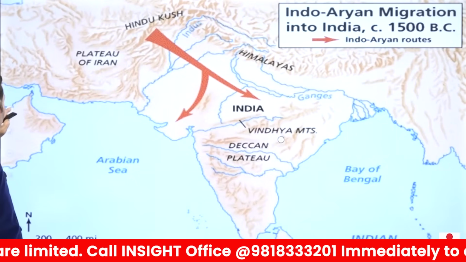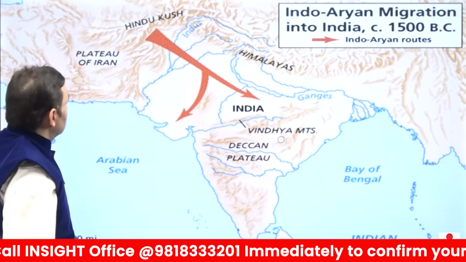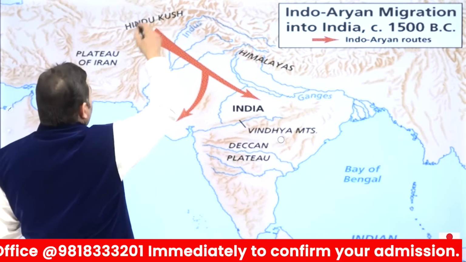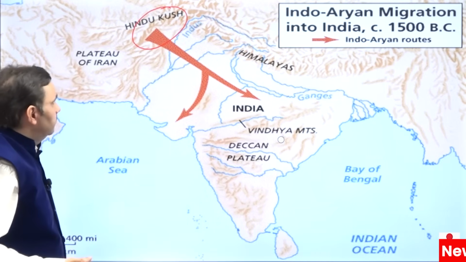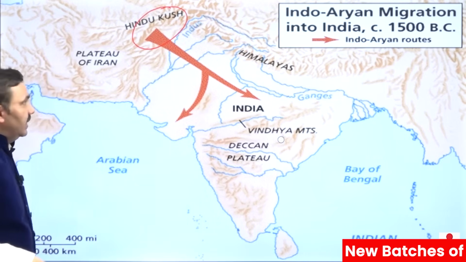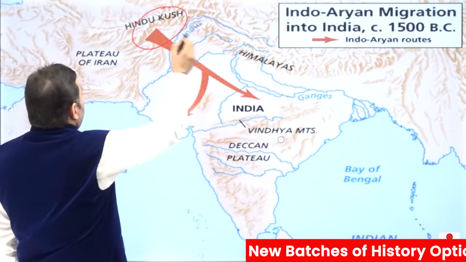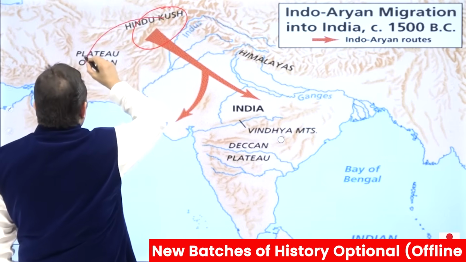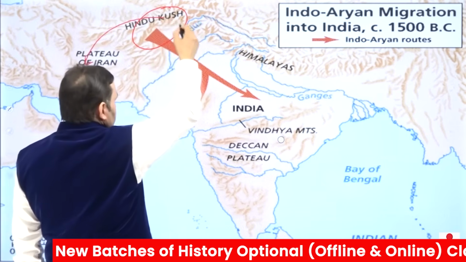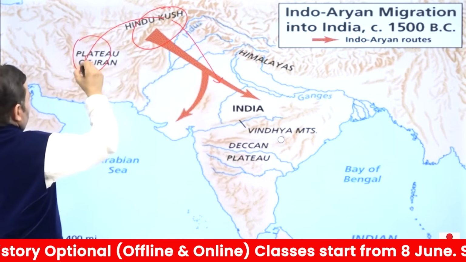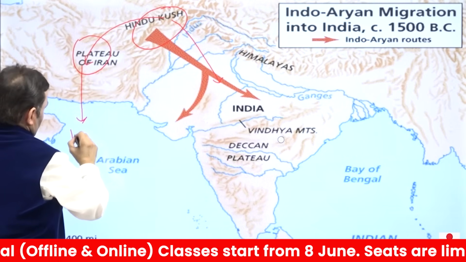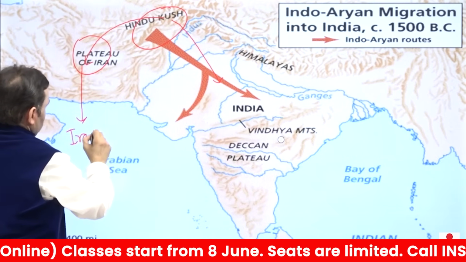So from where did the Aryans come? This is a matter of controversy, but it is believed that they came from somewhere in Central Asia. Nobody knows for sure, but it is widely believed they came from Central Asia, that from Central Asia, one branch moved into Iran, another branch moved towards India, and from Iraq and Iran, some inscriptions have been found.